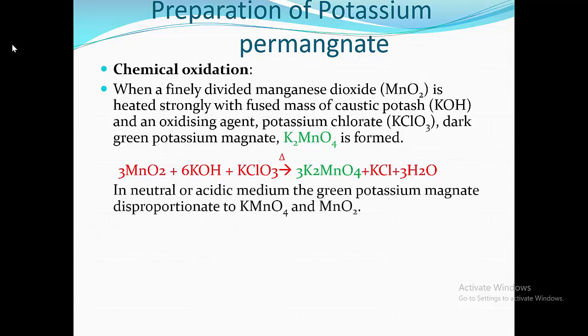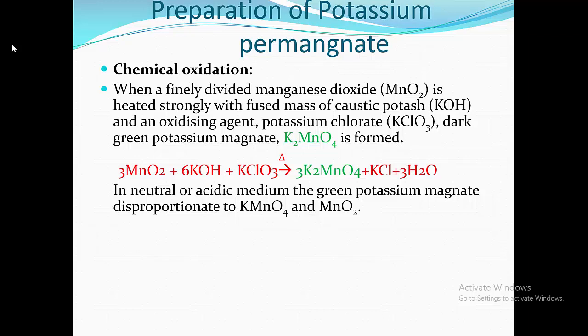This potassium manganate in neutral or acidic medium undergoes a disproportionation reaction to give KMnO4 and MnO2. Disproportionation reaction is nothing but a self-oxidation and reduction reaction. In this reaction, Mn undergoes both oxidation and reduction.